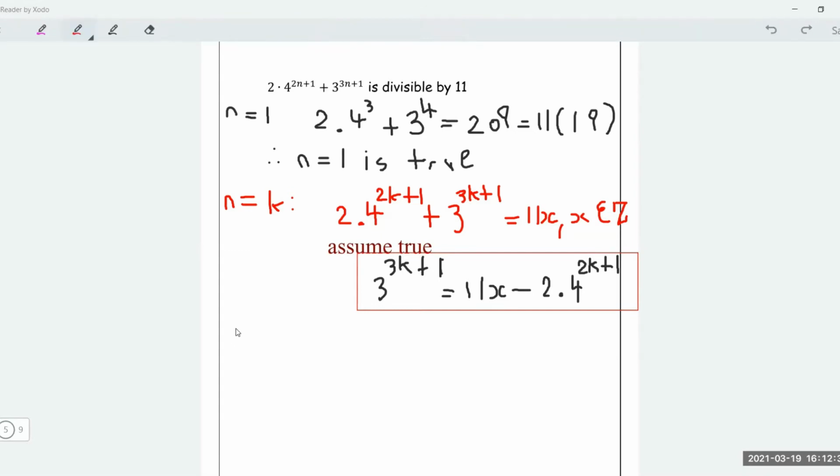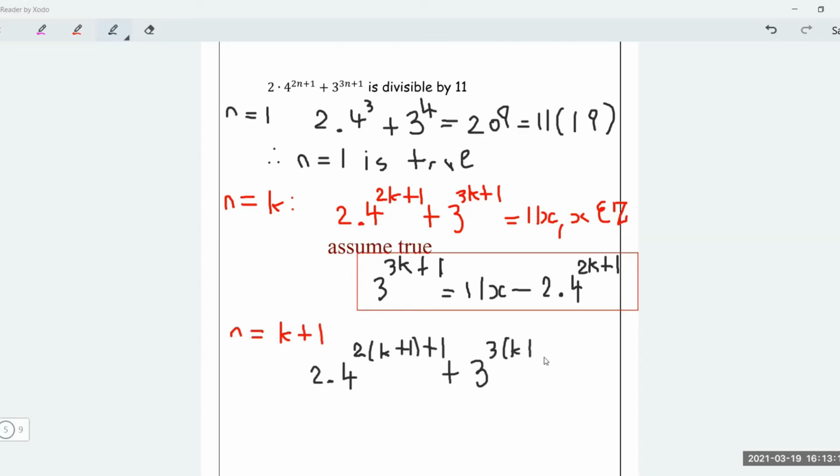So now, for n equal k plus 1, what we're going to be getting is 2 times 4 to the 2 times k plus 1 plus 1, plus 3 to the 3 times k plus 1 plus 1.